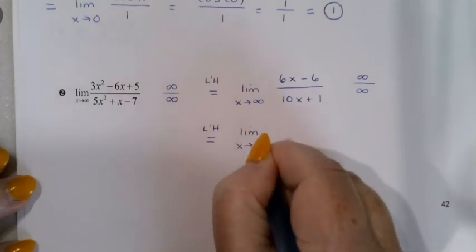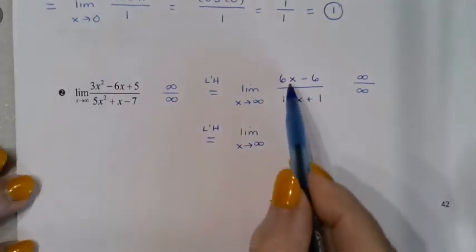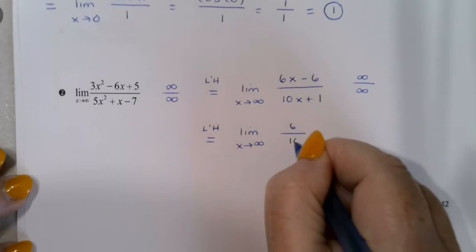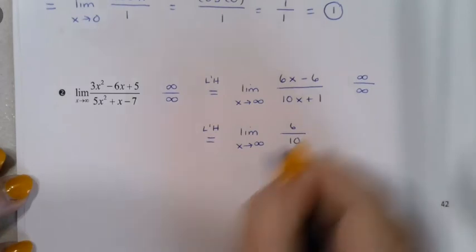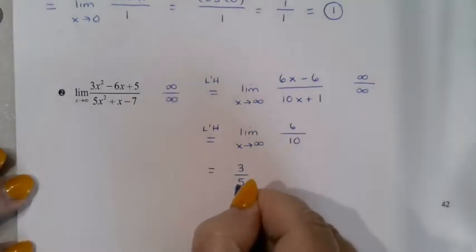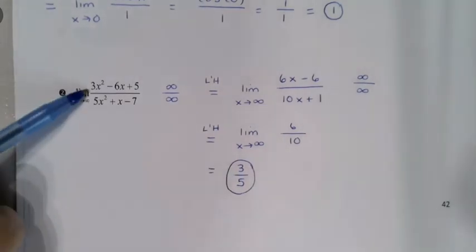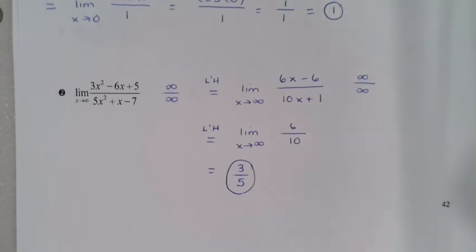Limit as x goes to infinity. And if I take the derivatives again, the top just becomes 6, and the bottom is simply 10, which of course reduces to 3/5. And there's my limit. Again, we're expecting it, but this shows you how L'Hopital's rule can be applied to get that answer.